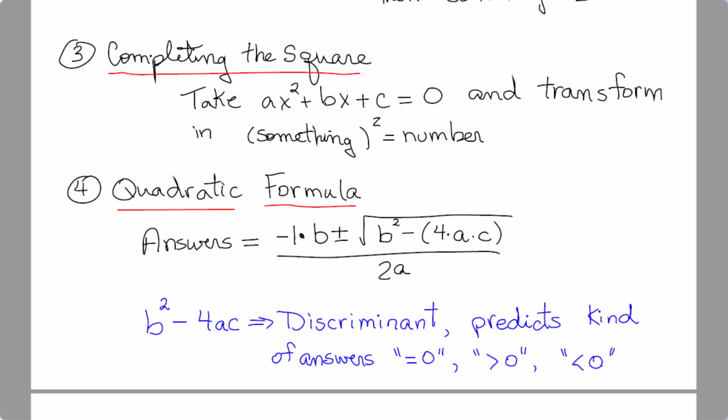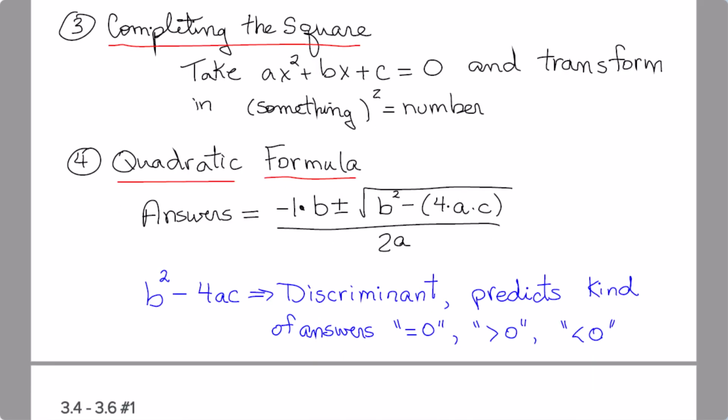It could calculate to be less than 0, and if I've got the square root of a negative number, I'm going to get a complex number. Hence, we're going to get two complex number answers.